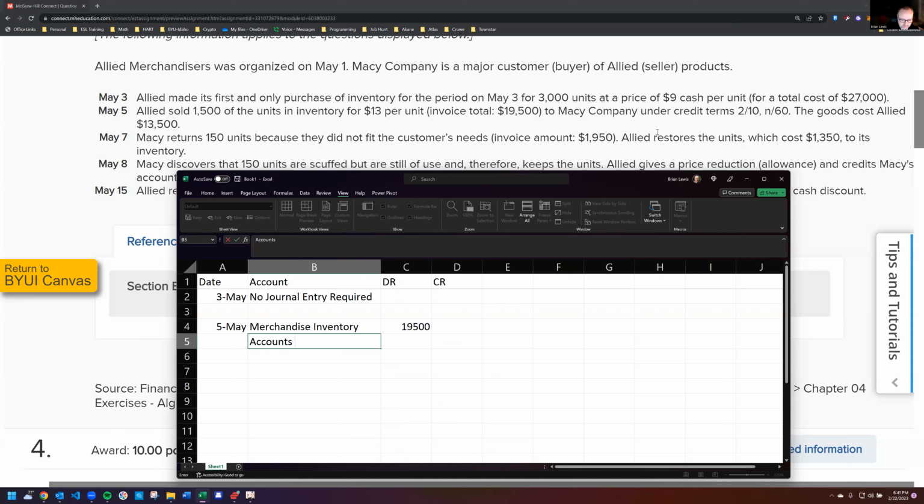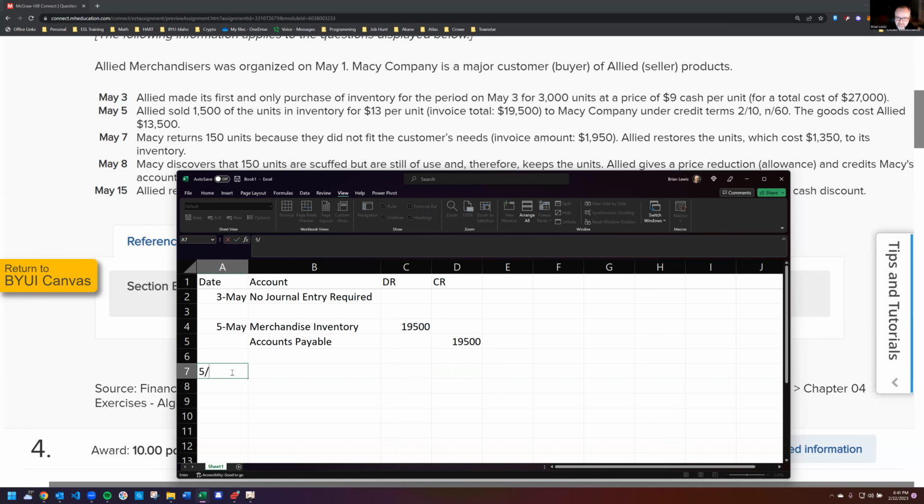Oh no, accounts payable. Sorry. I'm thinking on the wrong side too. So they bought it on credit, so it's a liability that they have to pay Allied at some point for $19,500. There we go. Nothing else there we need to do. It's just a purchase. Okay.